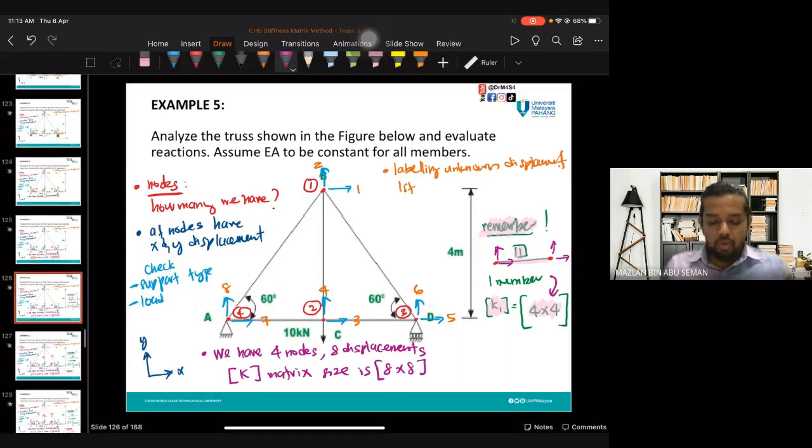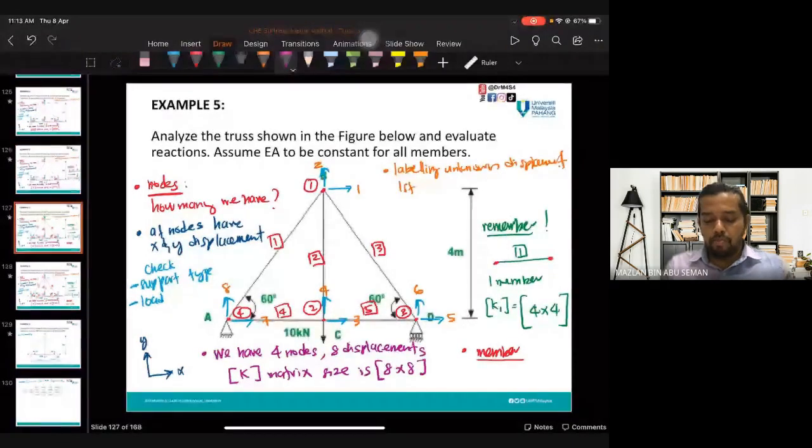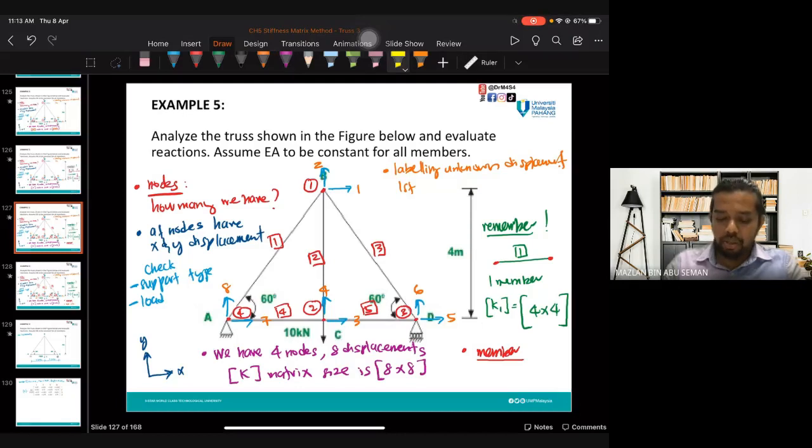Now you have to number your members. Numbering your members is up to you, no problem. But for displacement, you have to label the unknown displacement first. So you give 1, 2, 3, 4, and 5. That's for member numbering.